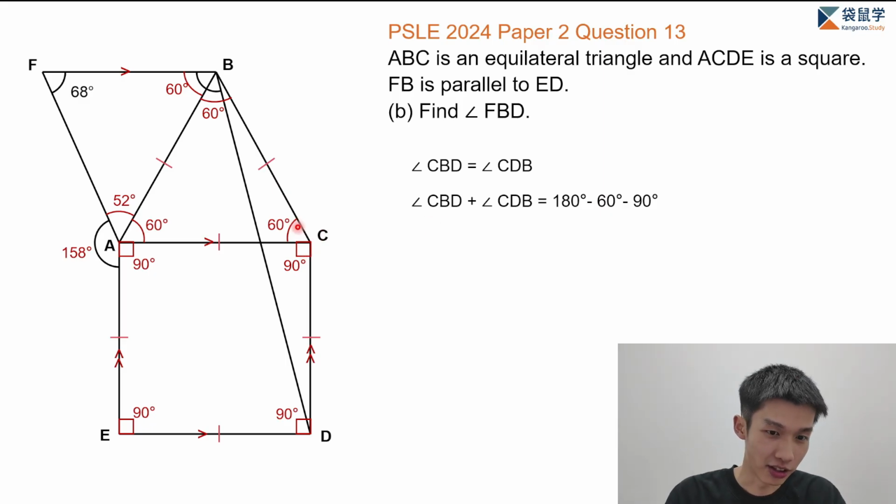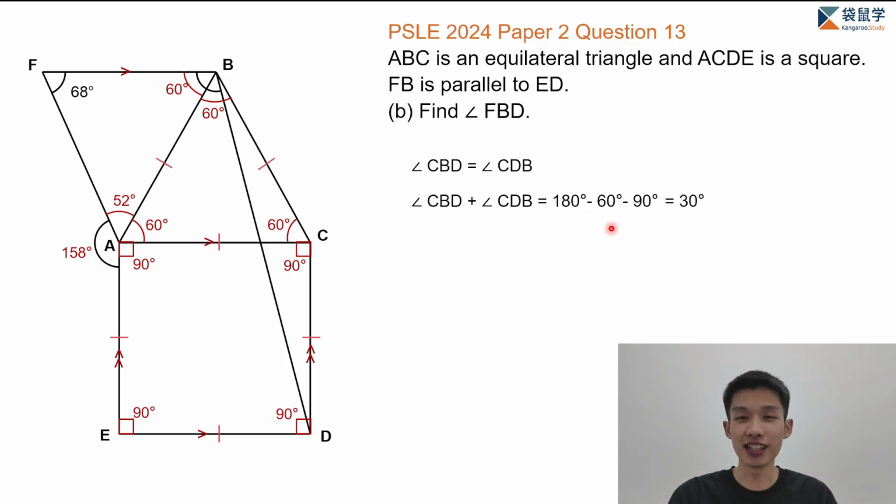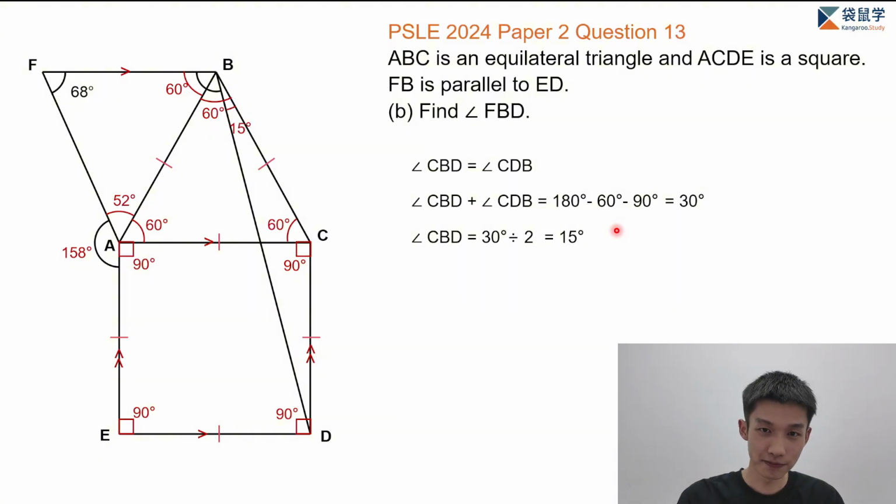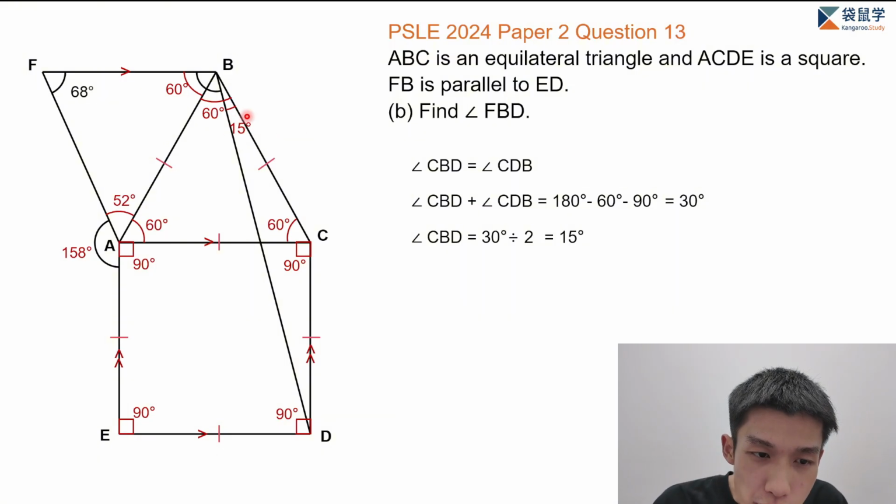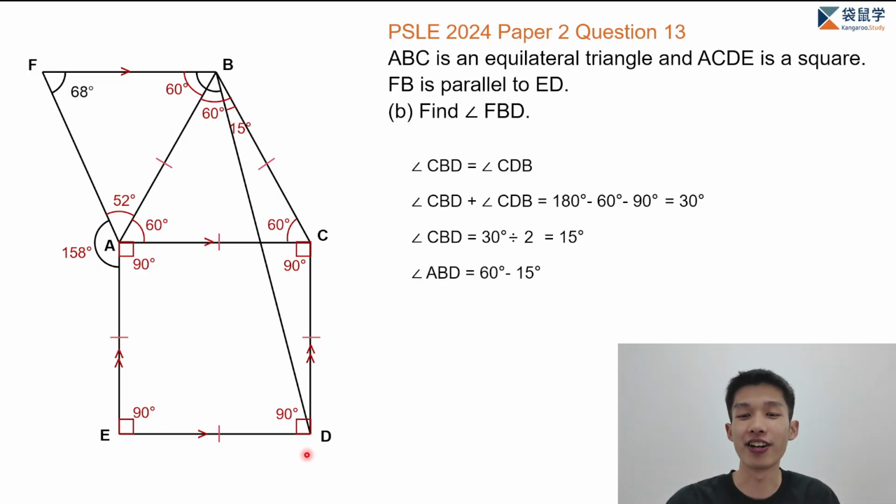Pay attention, not just 60, but 60 plus 90. That gives us 30 degrees. Two same angles give us 30 degrees, so one of them is 30 divided by 2, which equals 15. Also label 15. So the small angle equals 15. How about ABD? Now ABD is 45 degrees by subtracting. And the final result, the answer?